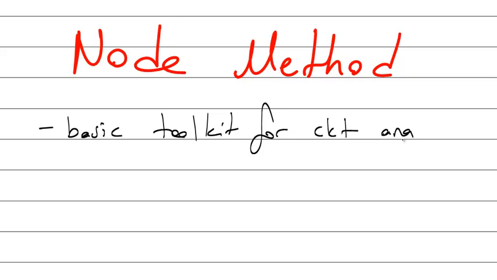Sometimes you can analyze the circuit intuitively, very easily, but sometimes the circuit can be complicated. If you don't know how to analyze that circuit, the answer is node method. If you cannot imagine the easy solution, you can use node method and it can analyze all circuits.